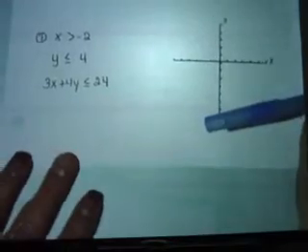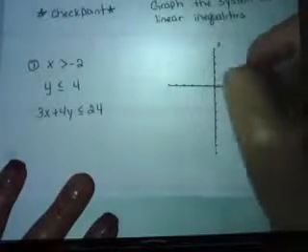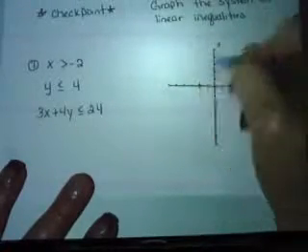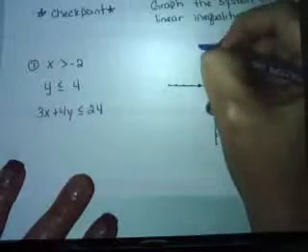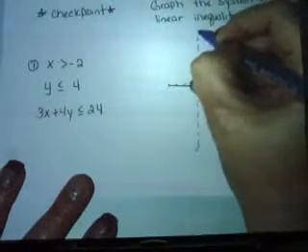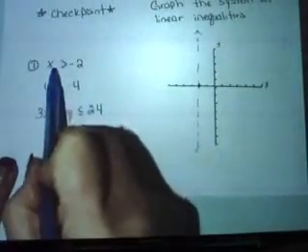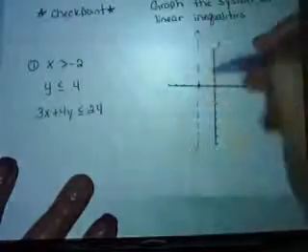All right, let's try a checkpoint here. x is greater than -2, so let's graph that. I'm going to go to x equals -2, put a point, and I know it's going to be dashed because it's greater than. Since it's greater than, I know it gets bigger, so I'm going to shade to the right.